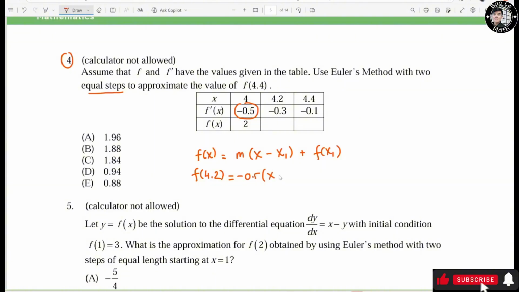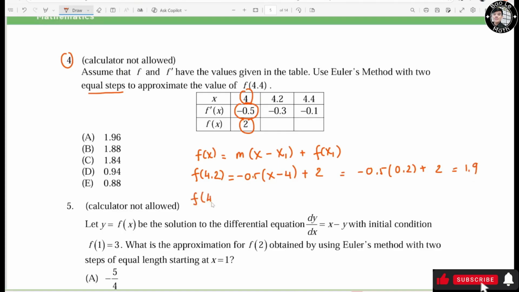Times s minus s1, but s1 equals 4, right? Plus f of s1, which is actually 2 right here, right? So for f of 4.2, substitute 4.2 for s over here, we have negative 0.5 times 0.2 plus 2, right? So it could be 1.9, right?